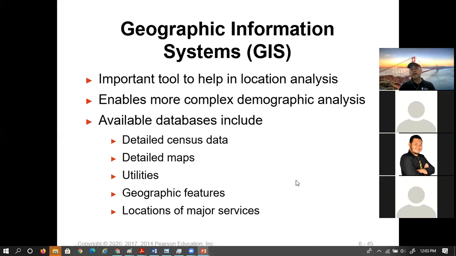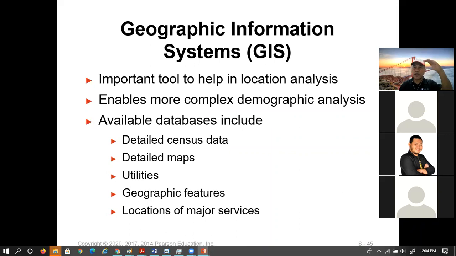And today, geographic information system, GIS. You see, we use the GIS system, using detailed maps, then we can select the location and do location analysis.